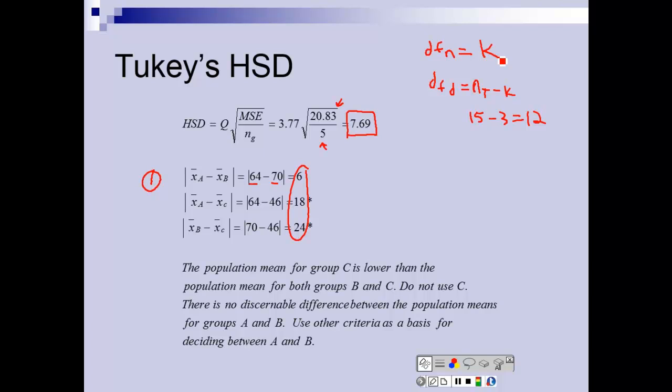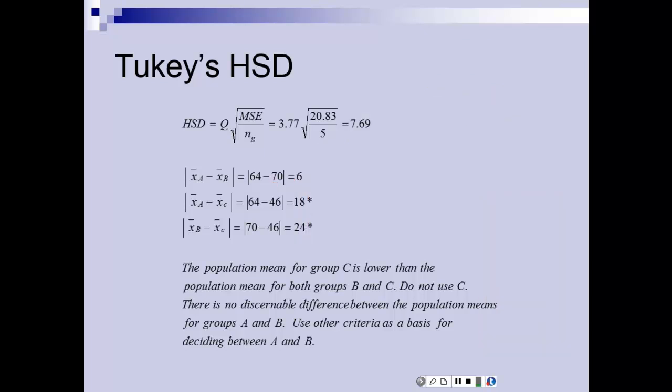That's not my fault. That's just the way the table is set up. The F table is based on K minus 1. The Q table is just based on K. So in this case, K is 3, and so the degrees of freedom for the numerator will be 3, and so we'll be looking for 3 and 12.